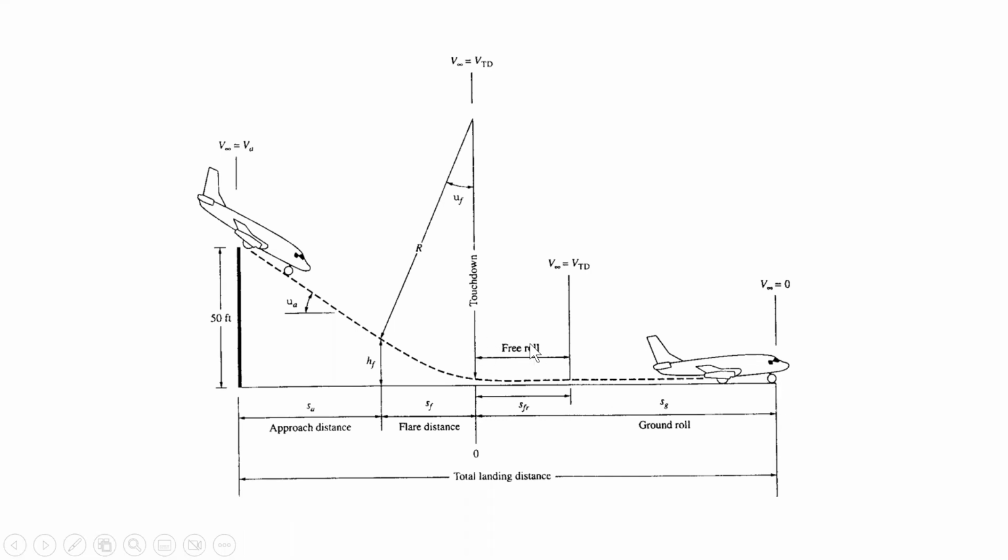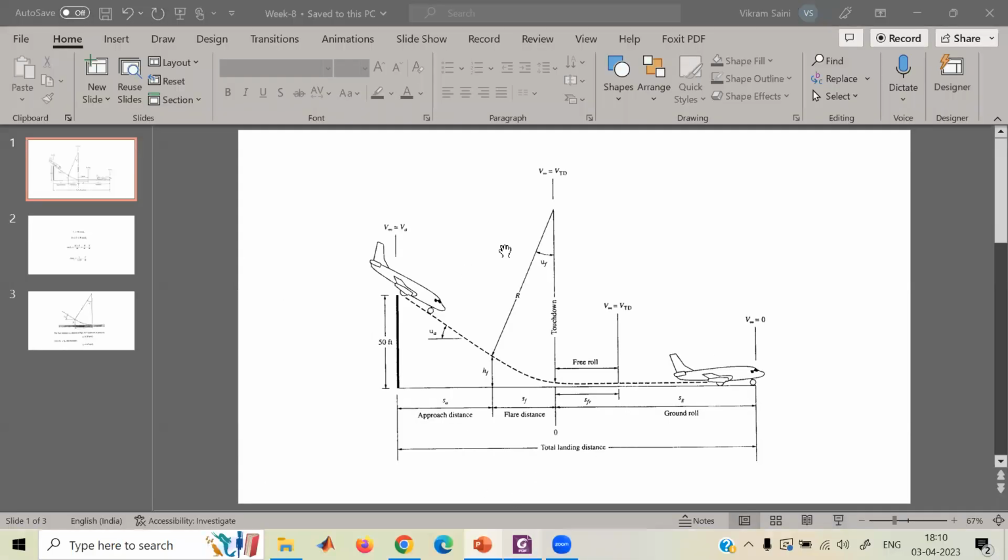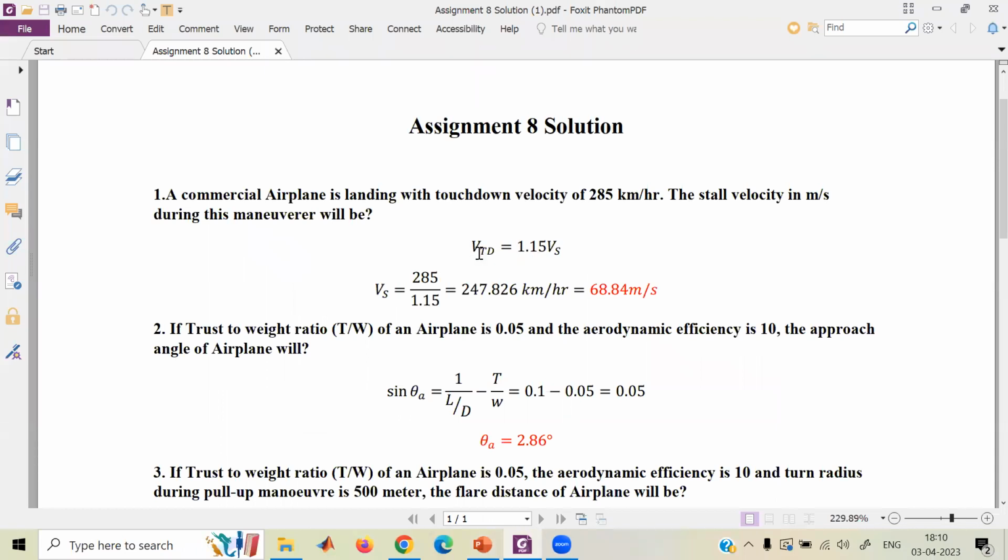So during this entire distance, velocity remains the touchdown velocity, and this is almost 15% higher than the stall velocity. That number is also given here in the solution. So touchdown velocity is basically 15% higher than the stall speed, and since we know the touchdown velocity, we can find out the stall velocity of the aircraft.